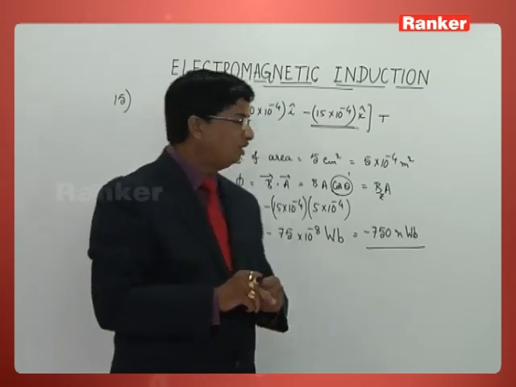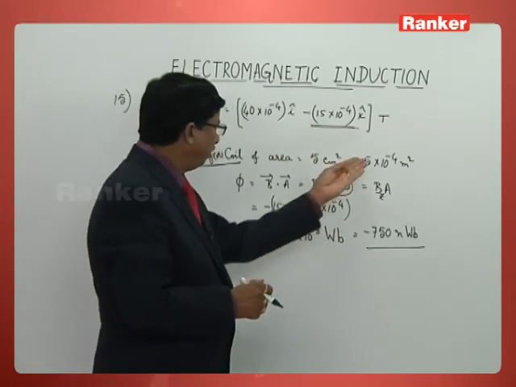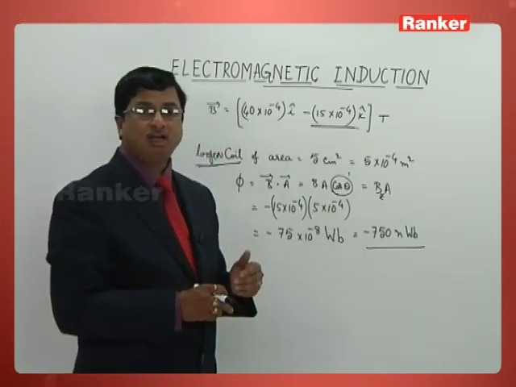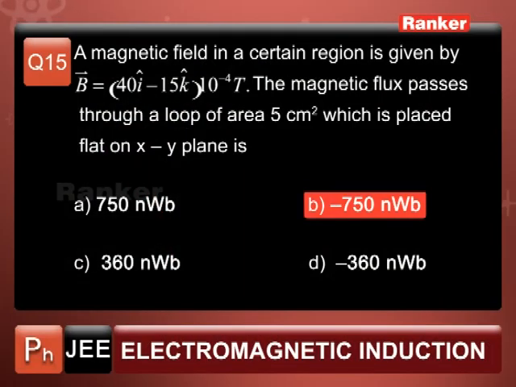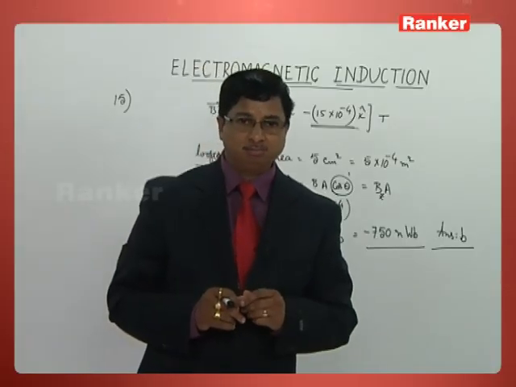So one should consider the coordinate along the z-axis for B, into A, the area he has mentioned. We get minus 750 nano Weber, which tallies with the second option of the four given. So the correct answer for problem number 15 is minus 750 nano Weber, the second option. So this is problem number 15 that we have.